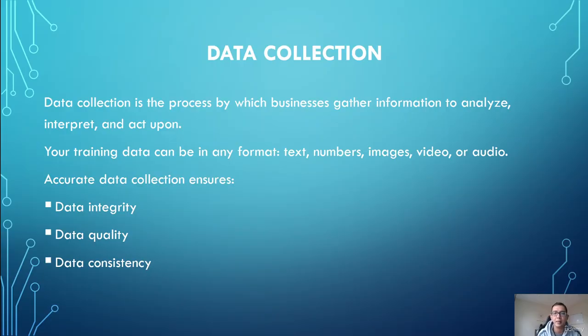Next thing in the data collection, you need to understand the formats of the data. Usually the formats can be text, number, images, video, and audio. Let's take an example. If you are trying to make a chatbot for customer service, in that case, it should be able to understand the chat method.